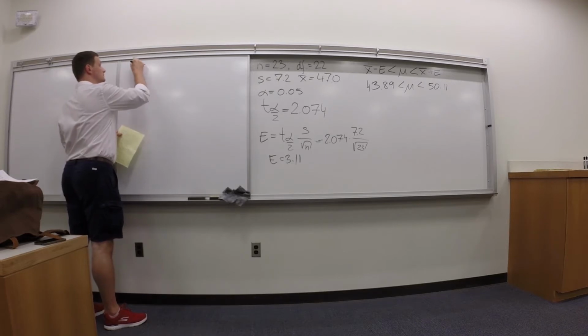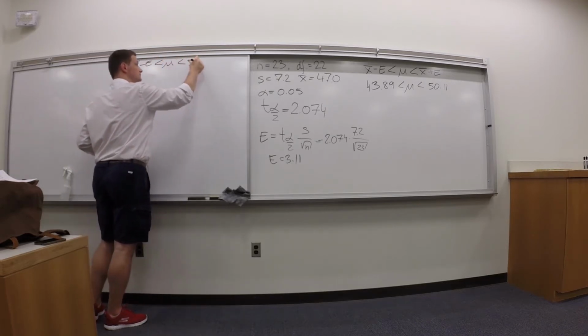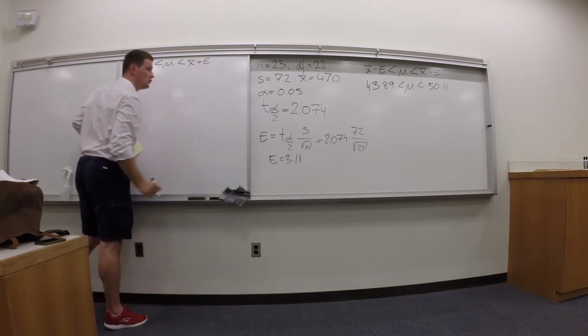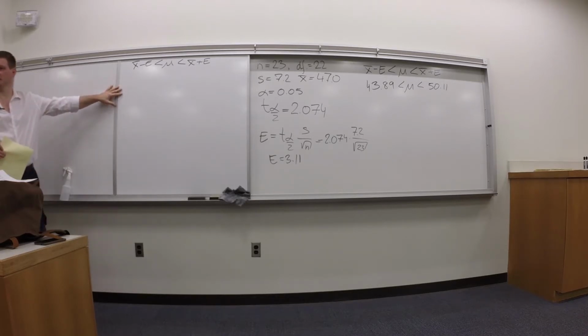If we had that, could we have found the x bar and E out of it? We did this type of exercise for p hat and p.